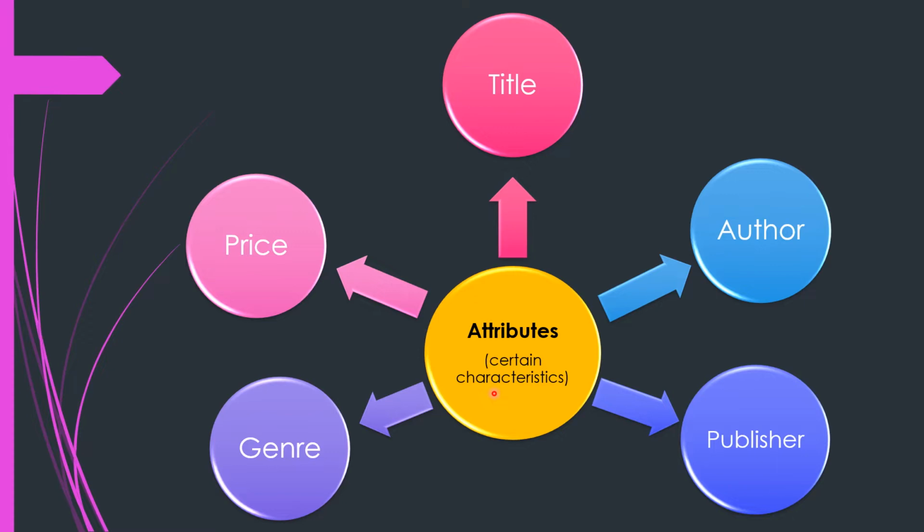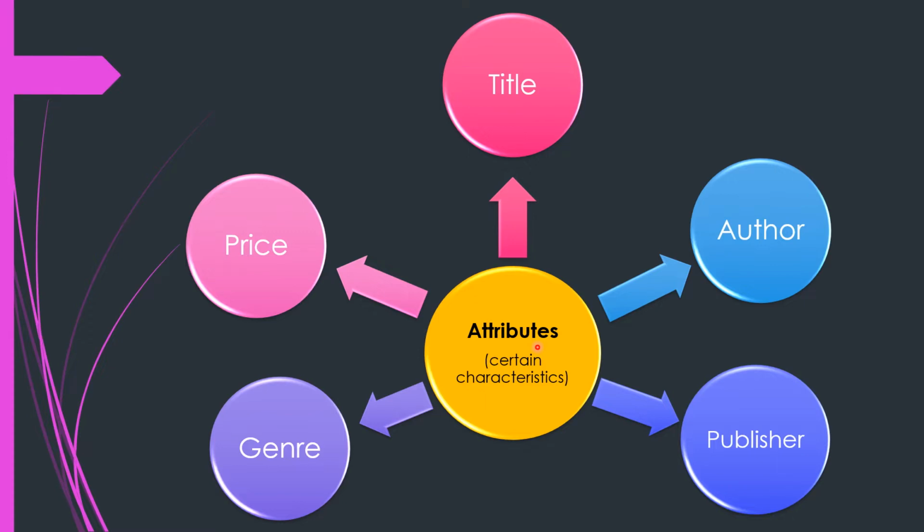Similarly, here in our program, we have our object as book. So a book will have certain characteristics, and we are going to call these attributes. So let us see what will be the attributes or the characteristics of the books. The attributes are title, author, publisher, genre, price. All these are the attributes.